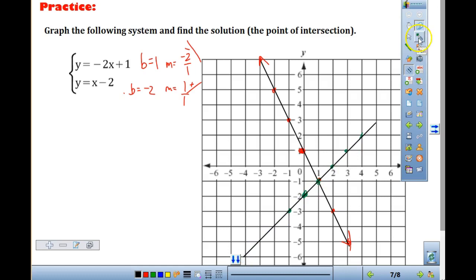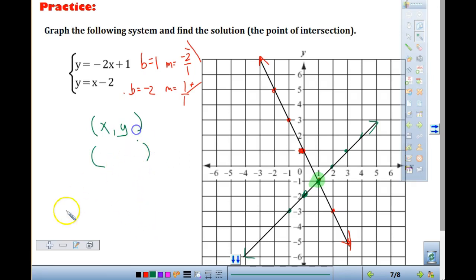If we would extend our line, please write down the ordered pair for where this point of intersection is. Write down that point, that is our solution. It is always an x comma y that you are writing down. And then check with the person next to you. So we're looking at 1, -1.